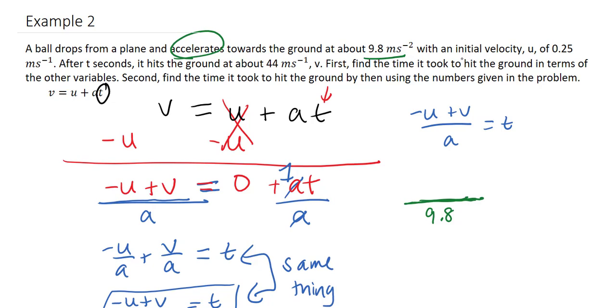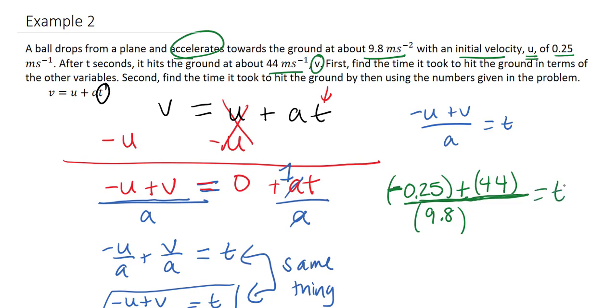Then we have initial velocity, which is our u. So we have negative 0.25 meters per second plus, and then after t seconds it hits the ground at 44 meters per second. So that's our v.